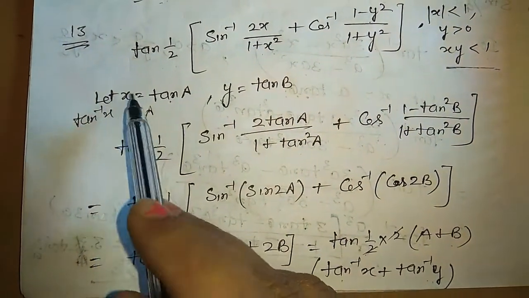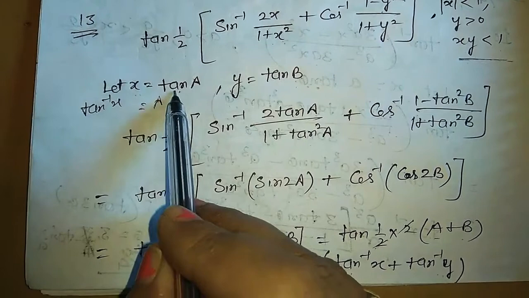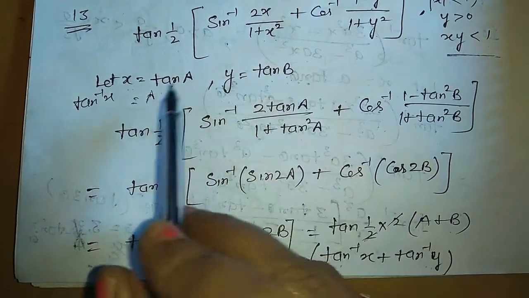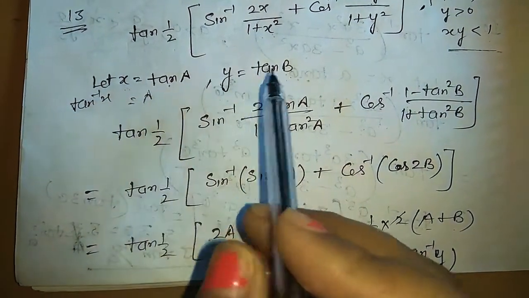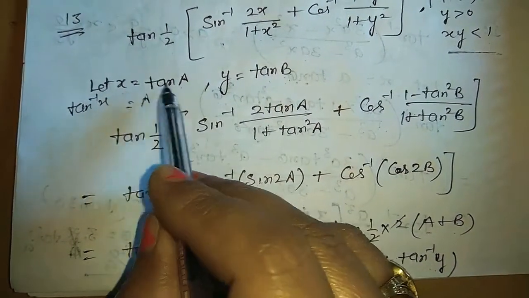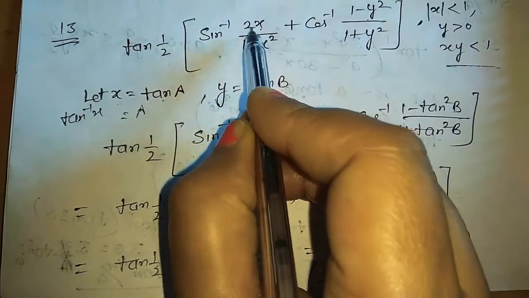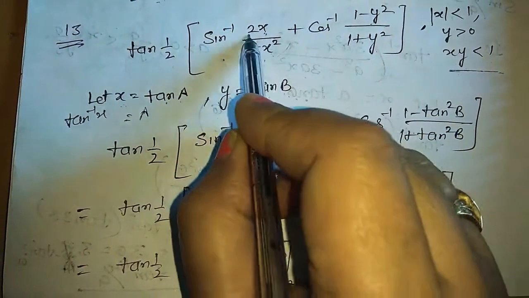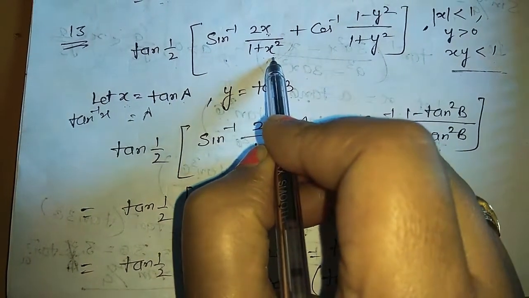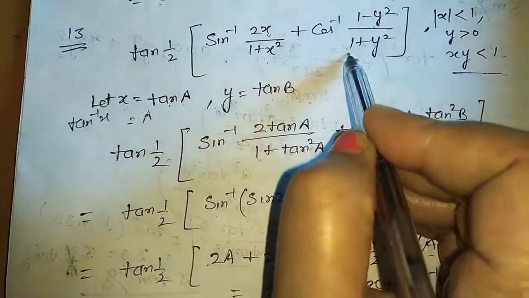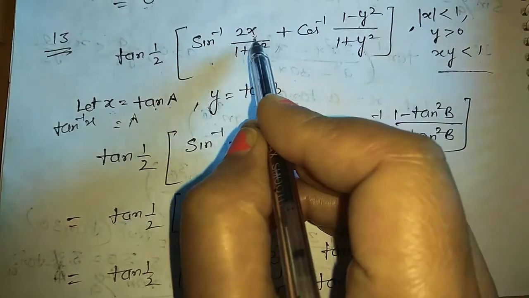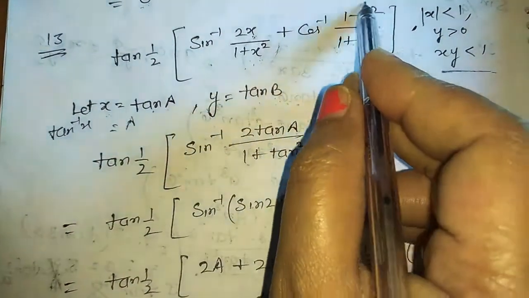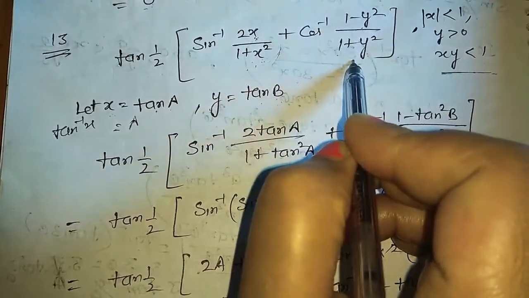So in this question, we put x equal to tan A and y equal to tan B. This will be the formula: 2 tan A upon 1 plus tan square A is sine 2A, and 1 minus tan square upon 1 plus tan square is cos 2B.